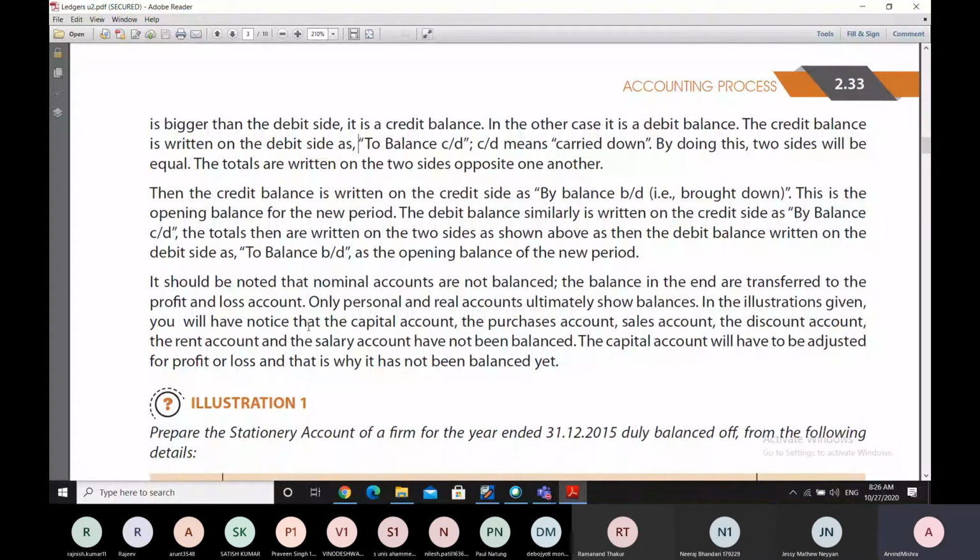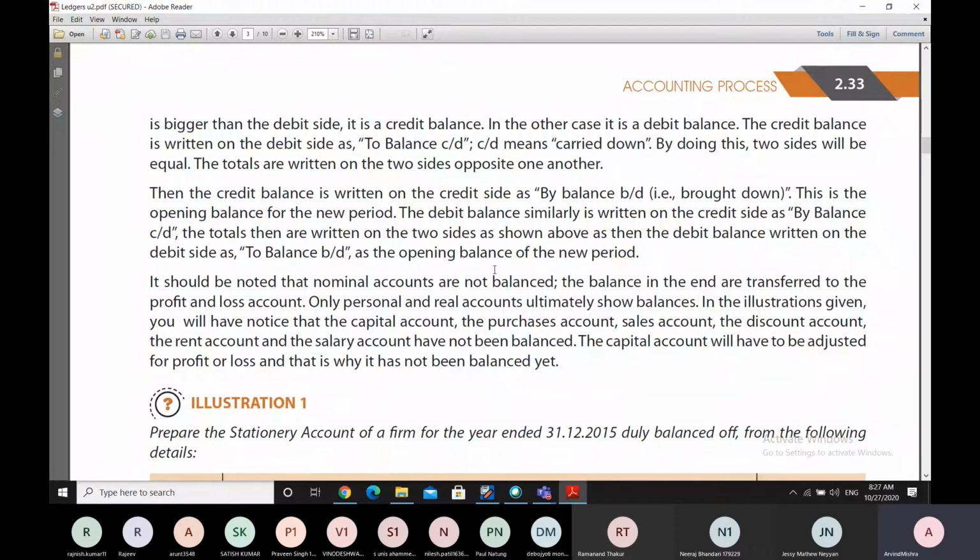Now, it should be noted that the nominal accounts are not balanced. When we are talking about balancing, as we are doing here, the nominal accounts are not balanced. Not balanced means the two sides are not made equal to each other. Because as you have seen, the word nominal means by name.